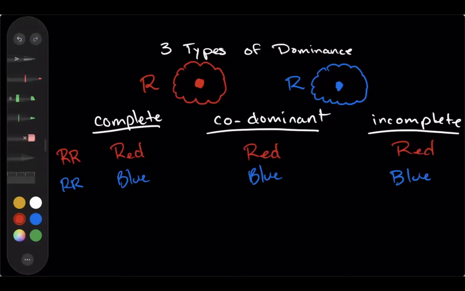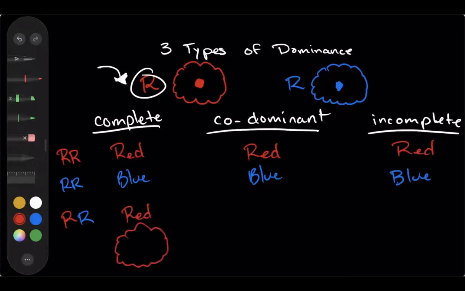So let's say you have a red R and a blue R. Now, let's say that the red allele was dominant, and your work with a Punnett square would tell you that, well, if the R is dominant, then you would have a red flower, right? So you would have a nice, beautiful red flower, even though both alleles are expressed. If red R is the dominant allele, you would expect red as the phenotype, correct?